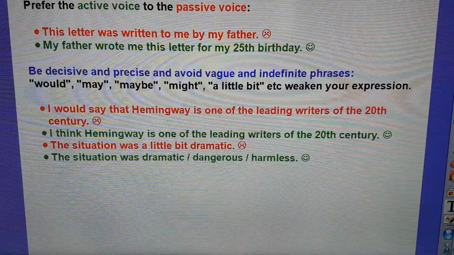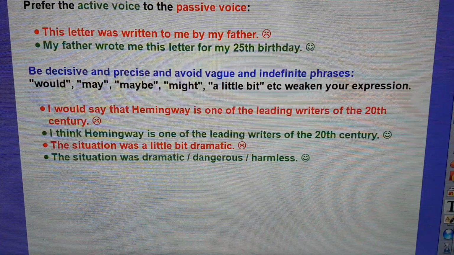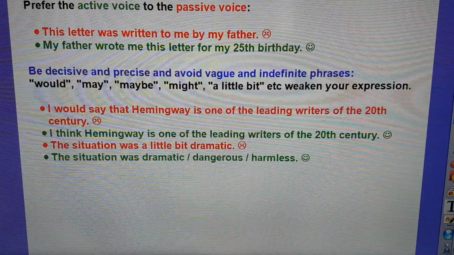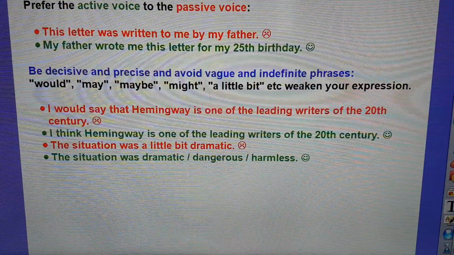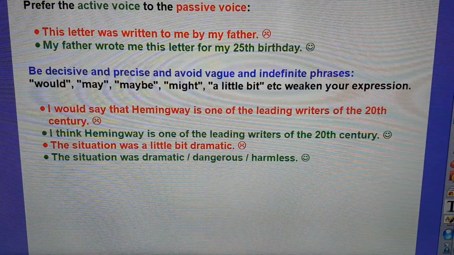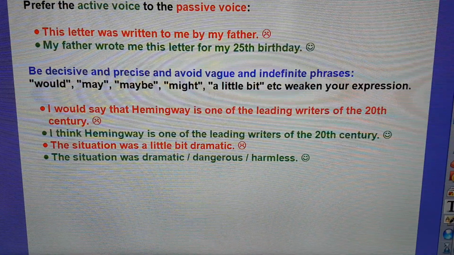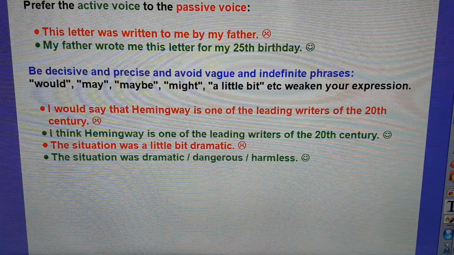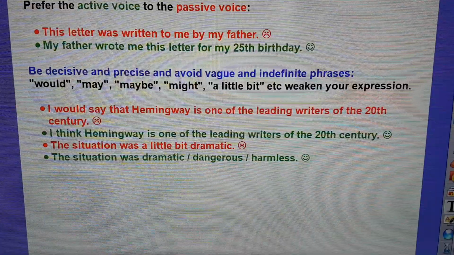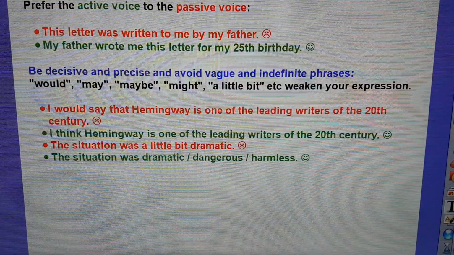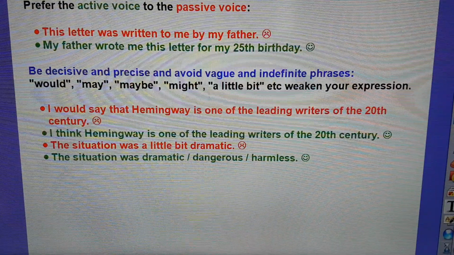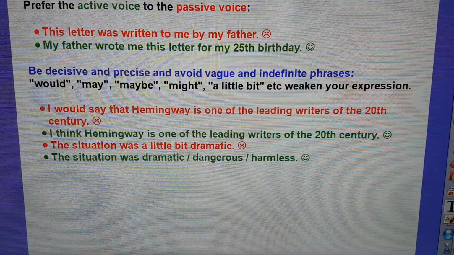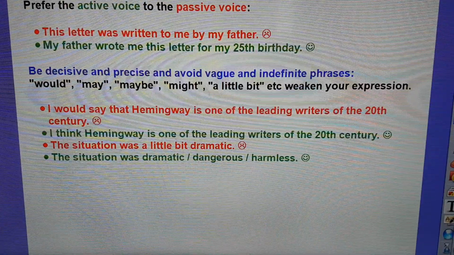We Germans probably use the passive voice idiomatically in many more situations than English native speakers would use the passive. Whenever they can, they would probably use the active voice and prefer the active voice.